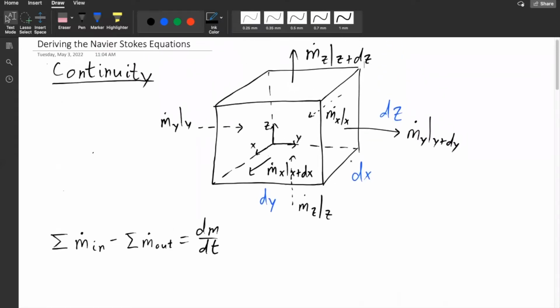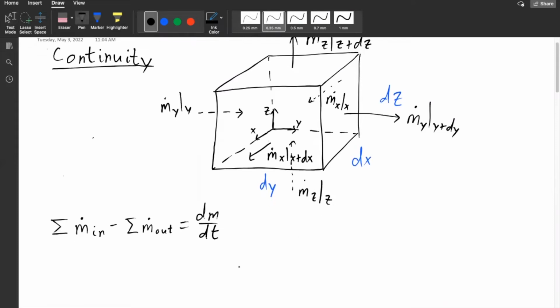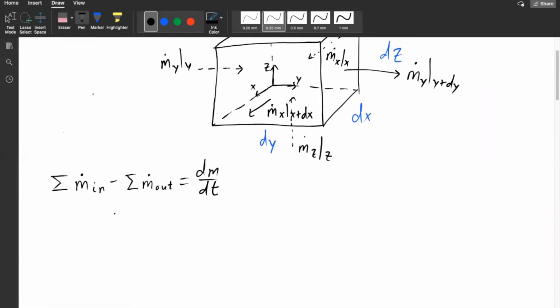So before we move on, let's define some terms. M dot is the mass flow rate, which equals rho, the density of the fluid, times A, the cross-sectional area that the flow travels through, and the vector V, which has components in 3 dimensions.